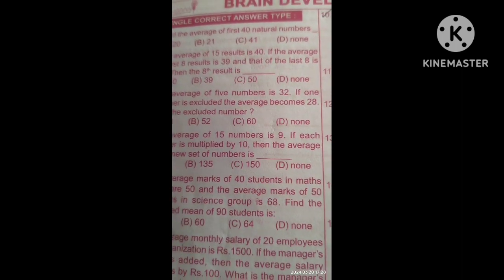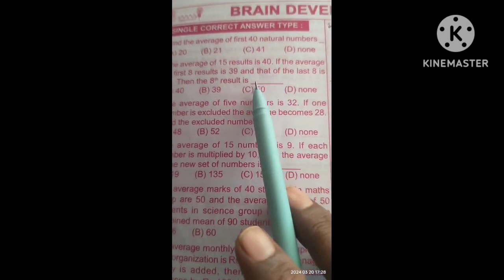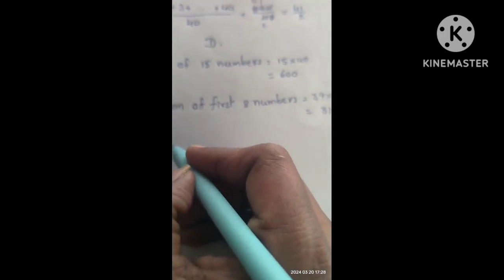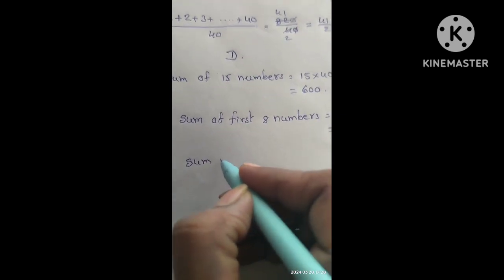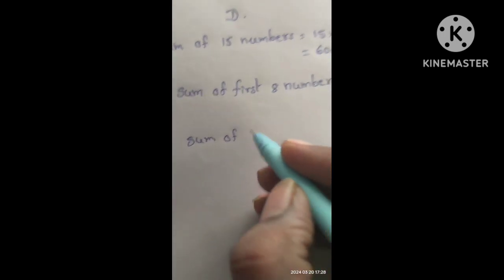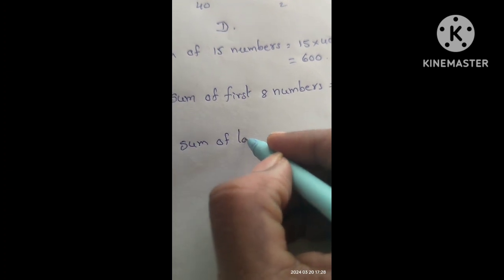Next, they said that the average of the last 8 results is 41. Here also they gave the average of the last 8, so you can calculate the sum of the last 8 numbers.